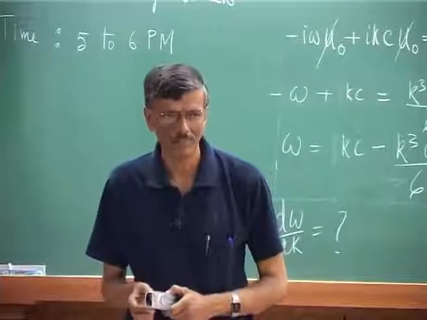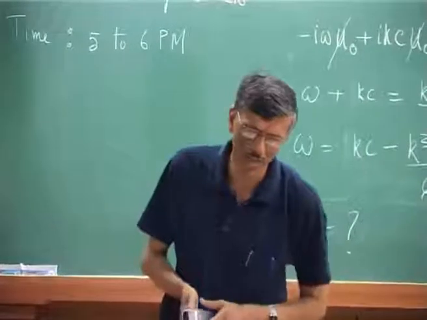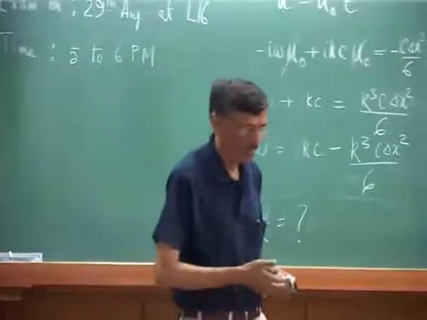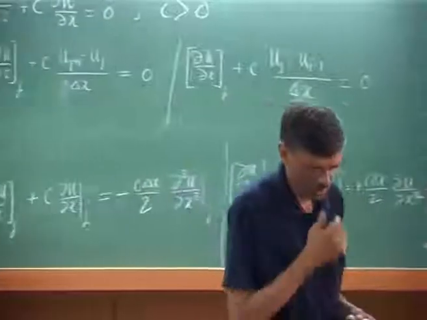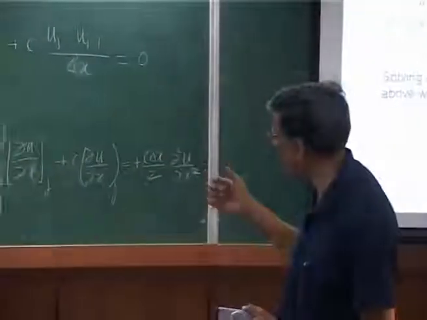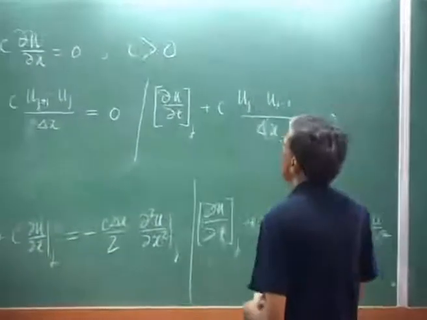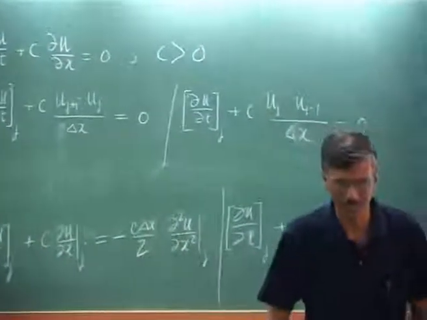So, then we have seen that if we develop a method, we will show it in the next class perhaps. What we find is that solving it by, let us say, a central method leads to some kind of numerical instability.